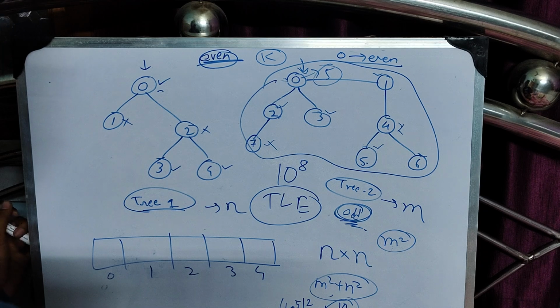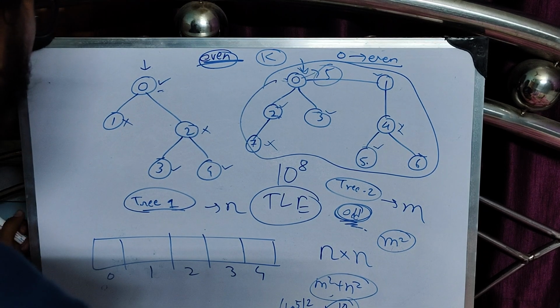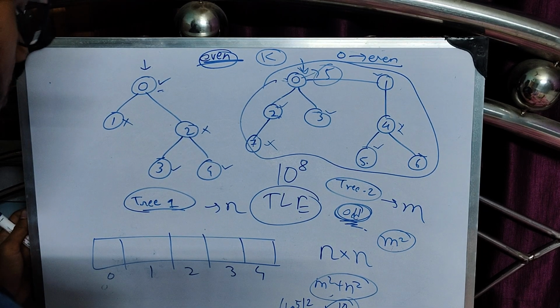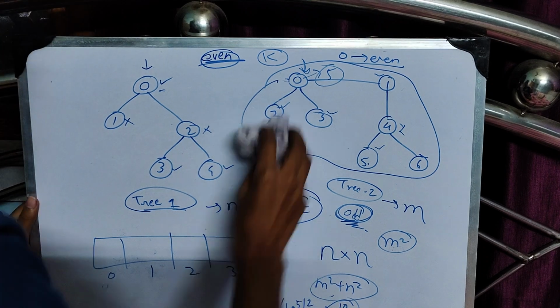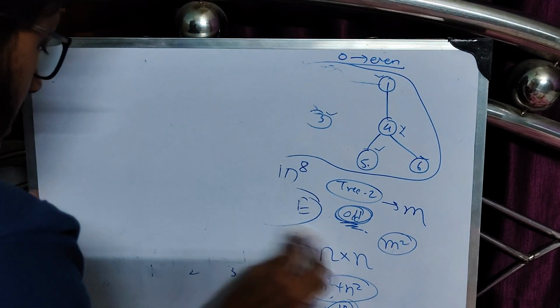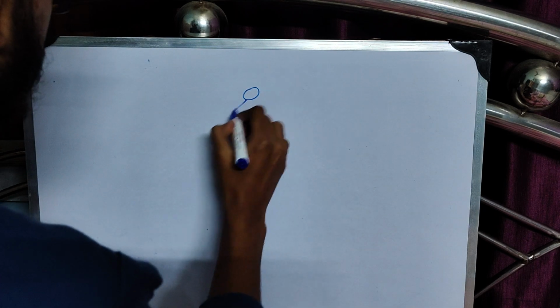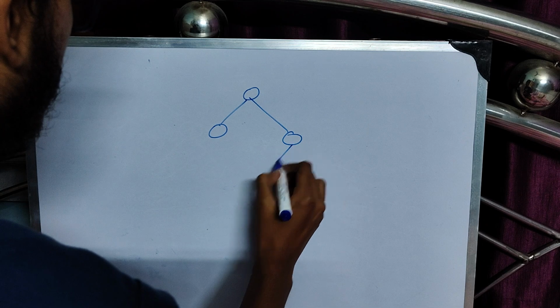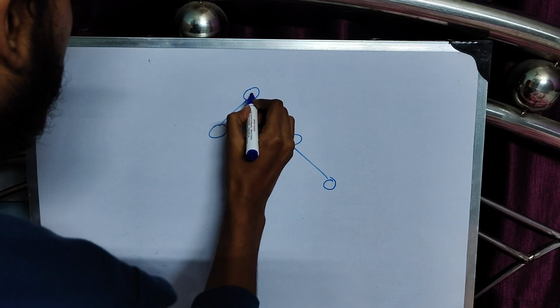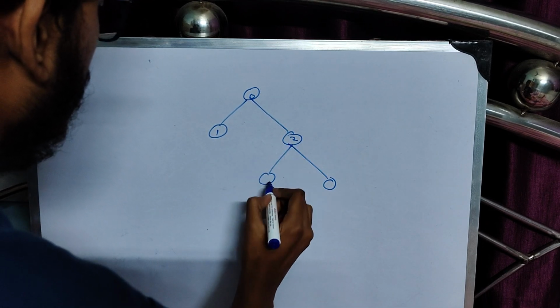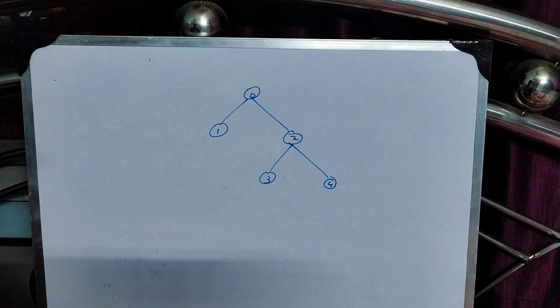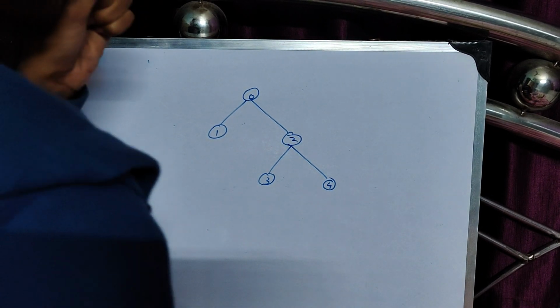To introduce you to the different approach, first of all forget about this question and learn this very simple concept. Take this graph: 0, 1, 2, 3, 4.